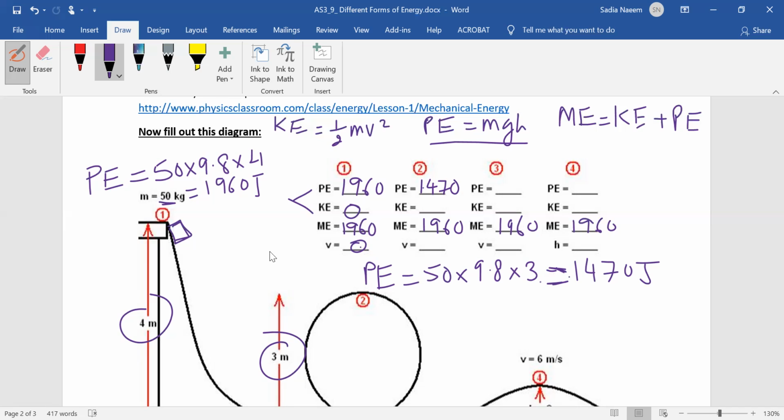If you're in a roller coaster like this, and this car stopped moving, do you know what's going to happen? Usually these cars are locked.